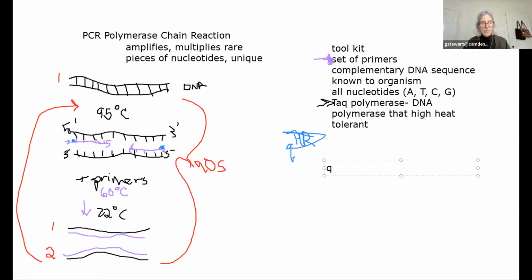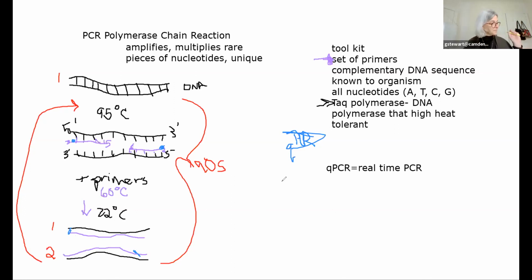So qPCR equals real-time PCR. And the advantage is when you label the primers, each of the new sets of DNA is going to be labeled with my blue balls there, and I can read those. They're fluorescent dyes, so I can read those with a machine that can detect fluorescence and increasing amounts of fluorescence, which is cool.